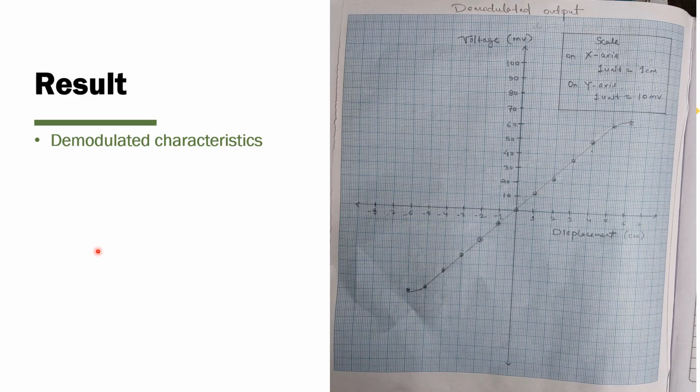After taking the observations, we plot the modulated and demodulated characteristics. This is the demodulated characteristic that I have obtained, and we can see from here that the response is linear in a fairly good range, and after a particular displacement, it becomes non-linear.